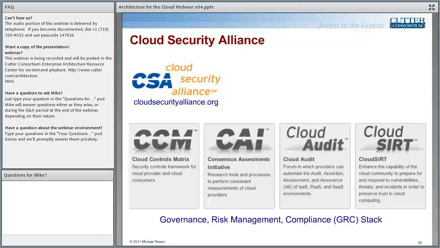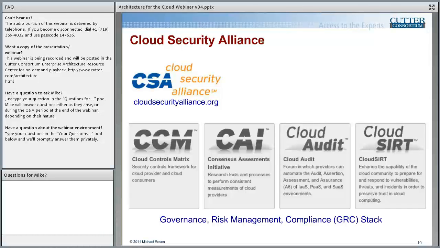The alliance has a stack, they call it the GRC stack, Governance, Risk Management, and Compliance, and that stack is made up of 4 components.